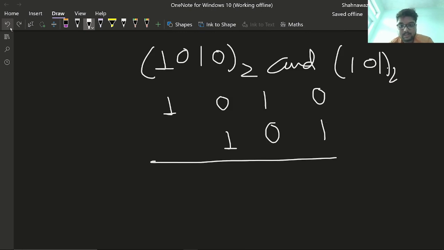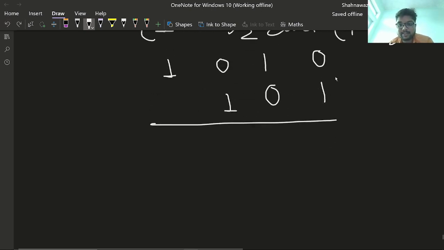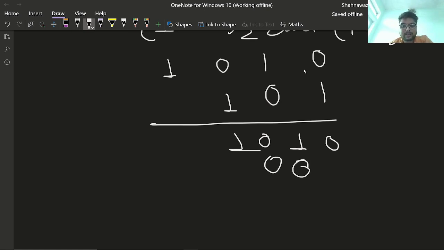When you multiply 1 with 0, you get 0. 1 with 1, you get 1. 1 with 0, 0, and it goes like this. From the second step you have to multiply 0. When you have 0, just blindly write zeros, as many times as the number of bits contained in the first number.